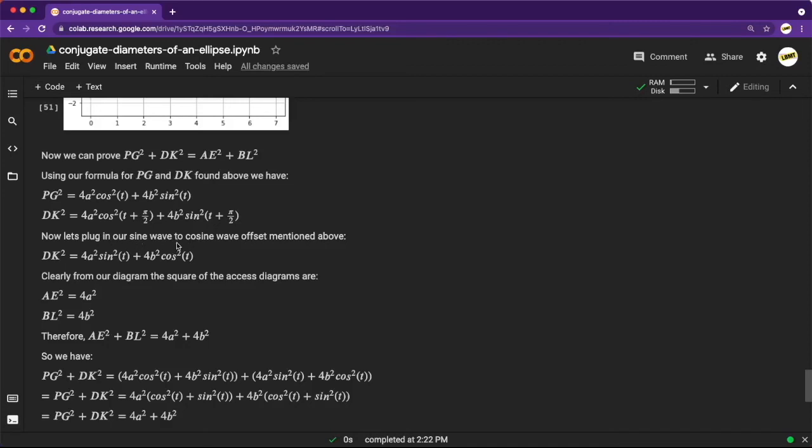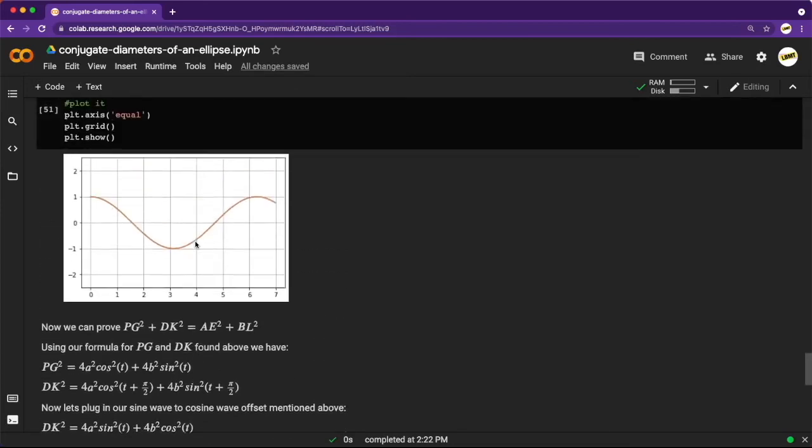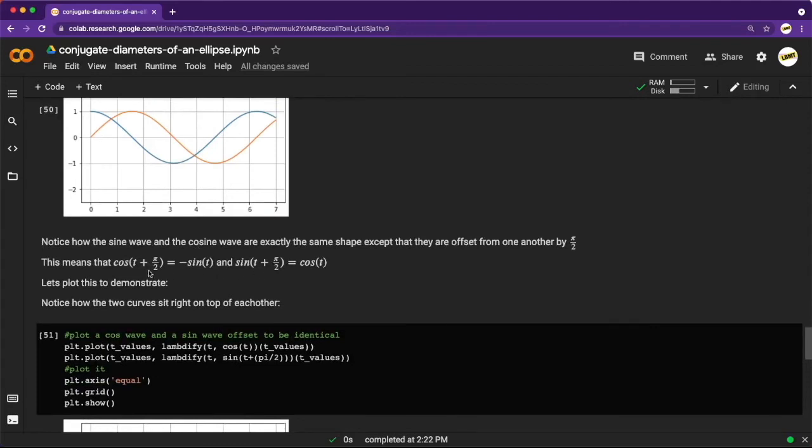But let's go ahead and plug in our sine wave for the cosine wave offset mentioned above here, and translate this. So what was cosine squared? We look up here, we said cosine t plus pi over 2 is equal to sine t. So that means if we were to square that, it's just equal to sine squared t.